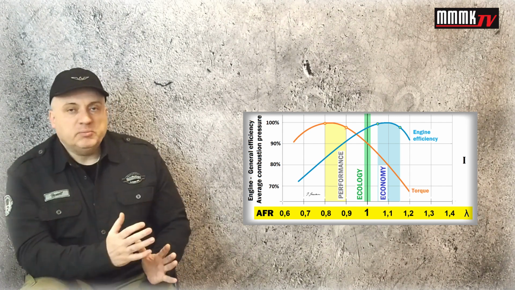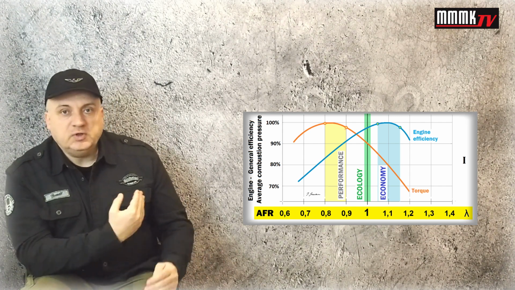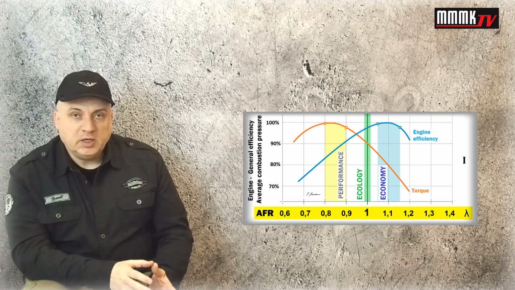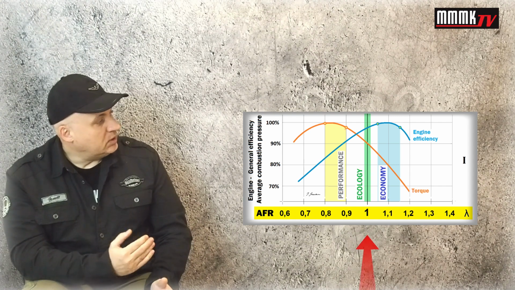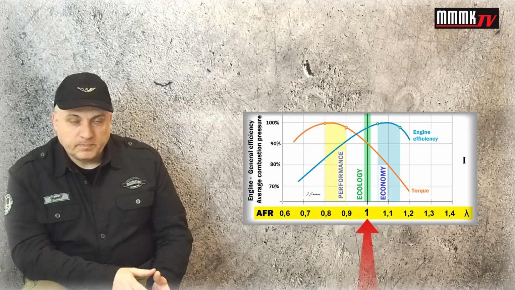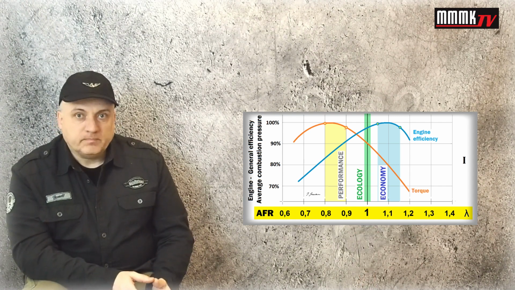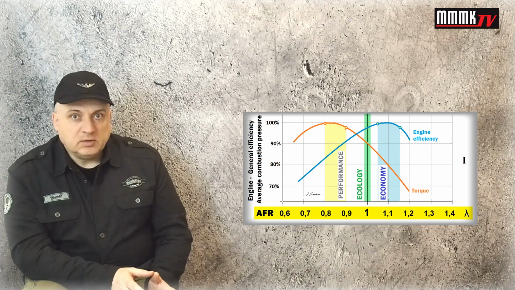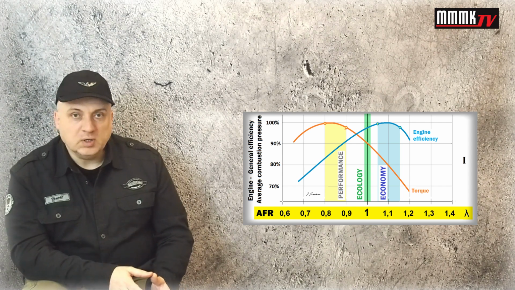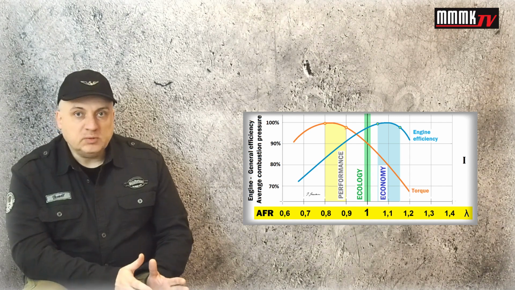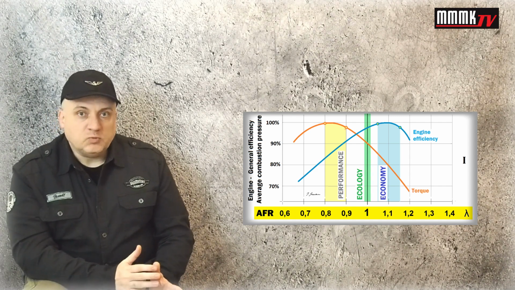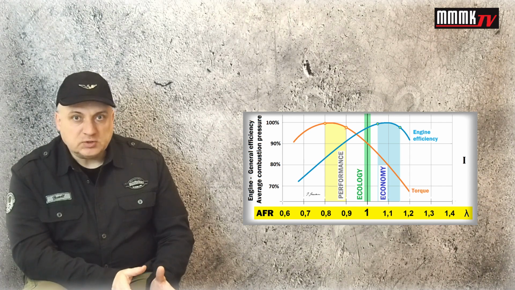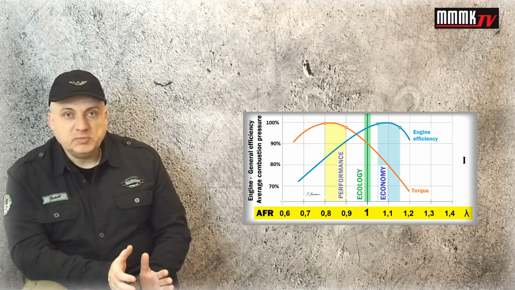Lambda describes deviation from the ideal air-fuel proportion, and the ideal proportion is for lambda 1. What does it mean? It means that when lambda is 1, then we have 14.7 kilograms of air mixed with 1 kilogram of gasoline. This is the perfect mixture.